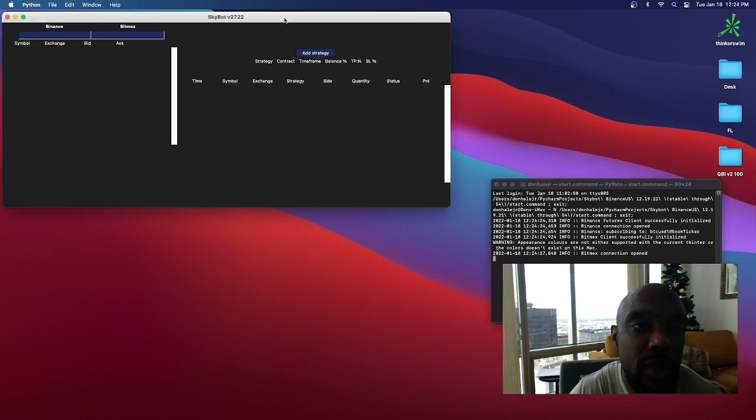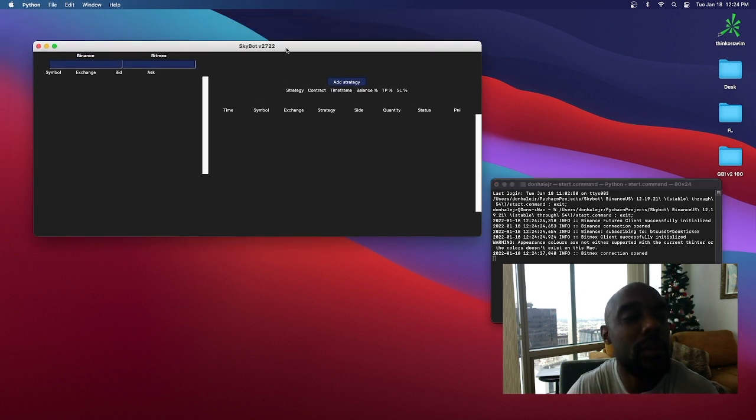And as you can see, here's the interface, SkyBot. There's 4 quadrants to the app, the software, the bot, whatever we're calling it. You can get your exchange information right here to create a custom watch list.